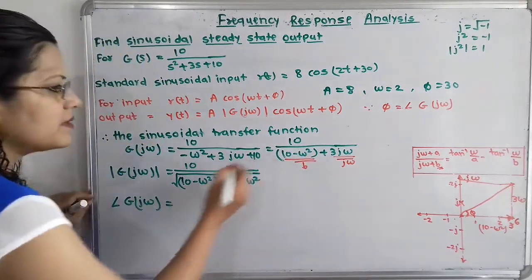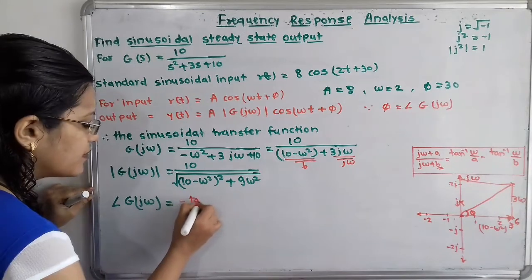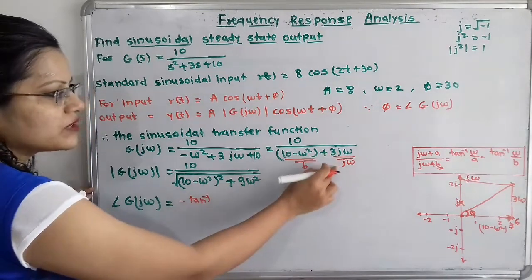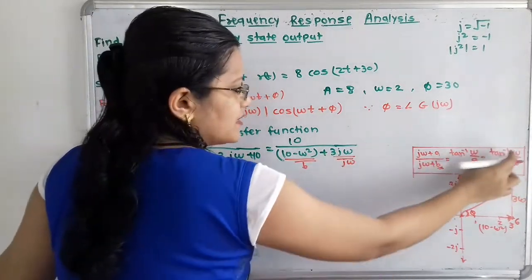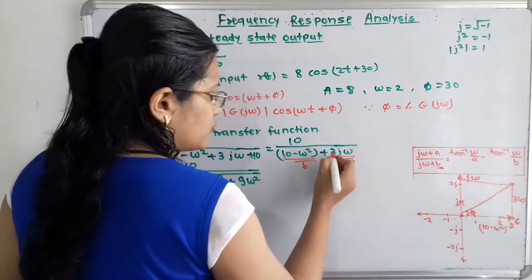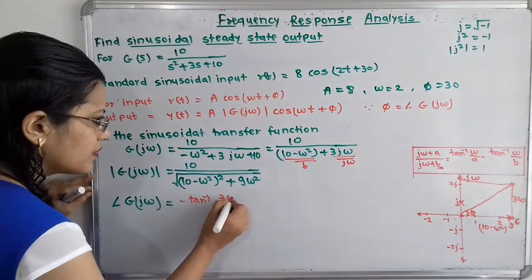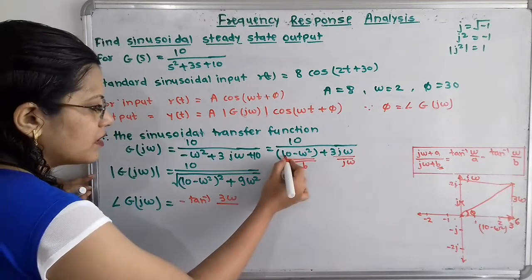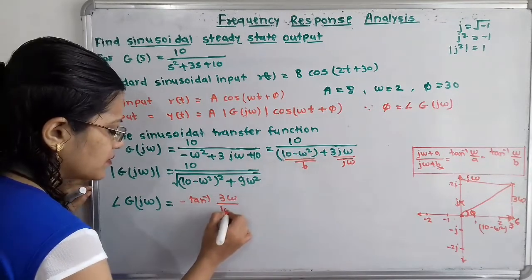So I will write minus tan inverse of, now we have to remove this j because in this formula also j is not considered, so only omega. So 3 omega divided by 10 minus omega square.